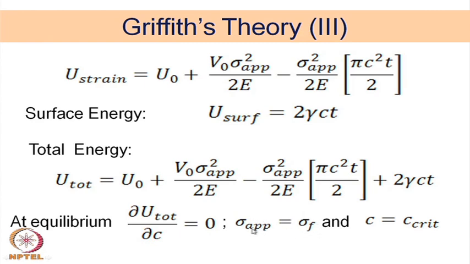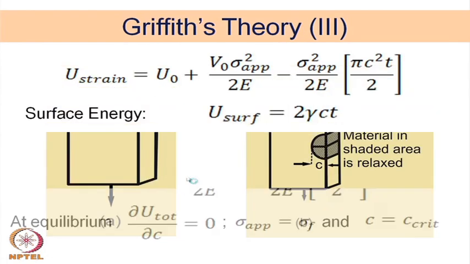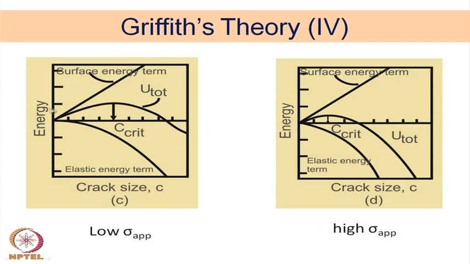That is the stress required for the fracture, because after this point there will be automatic extension, as the energy will decrease. There is a lowering of energy beyond this critical crack length. Beyond this critical crack length, the energy is decreasing, and that is almost a spontaneous change, whereas up to this point the energy is increasing.